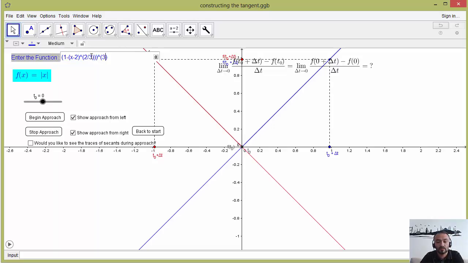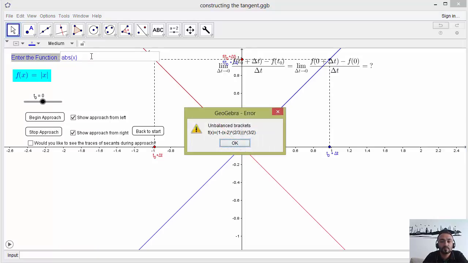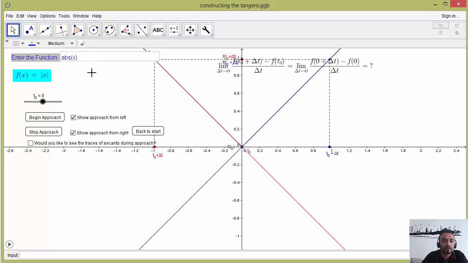I just wrote the brackets wrong. Let me write again. 1 minus x minus 2 to the 2 over 3, all to the 3 over 2.